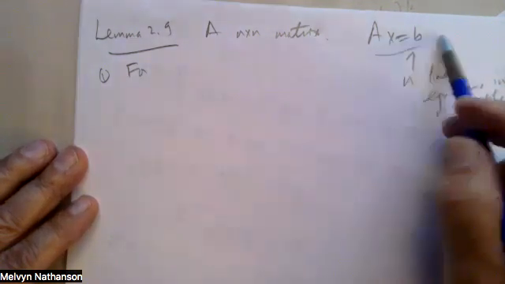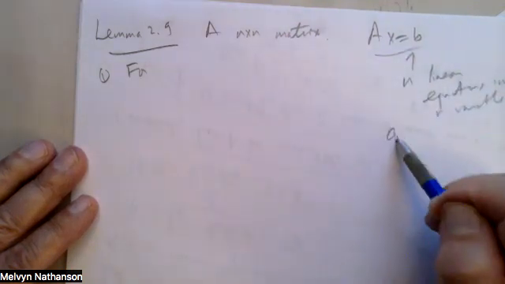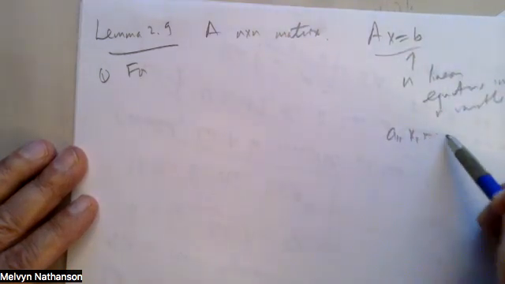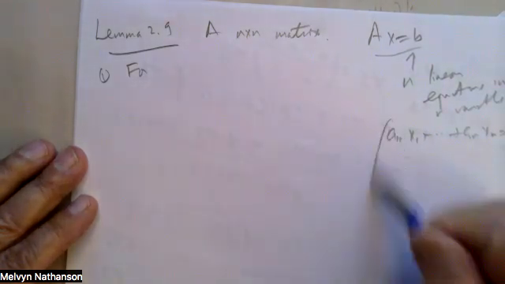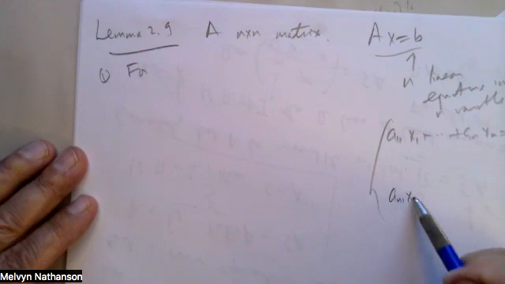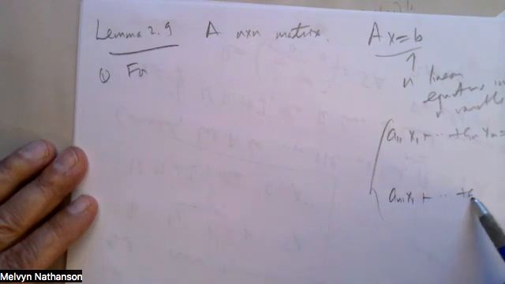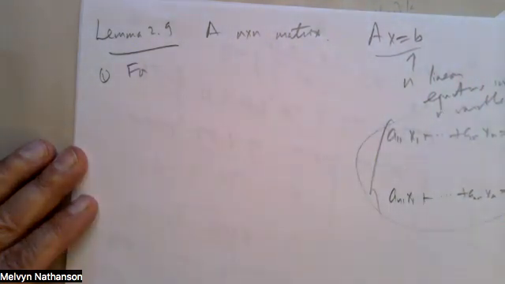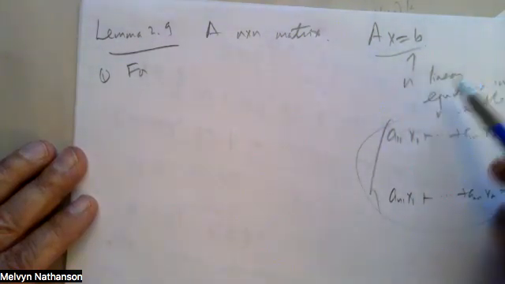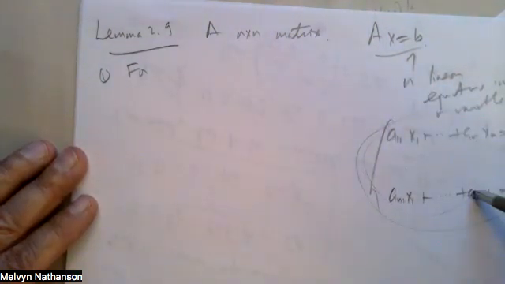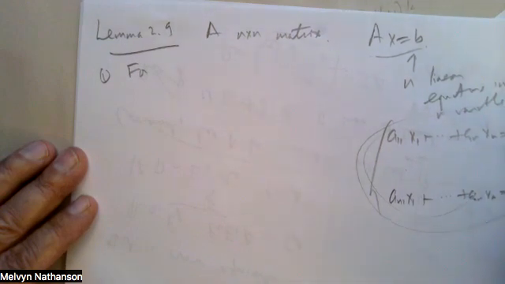If you were to write this out, it would be a11 x1 up to a1n xn equals b1, down to the last equation, an1 x1 plus ann xn equals bn. Taking this system of equations and writing it in matrix form, you get Ax equals B, where A is the matrix of coefficients of the equations, and B is this column vector.